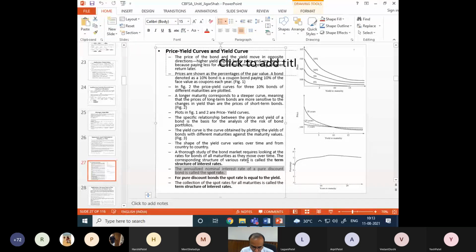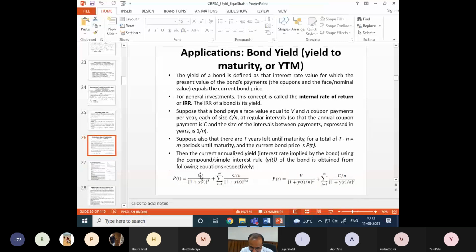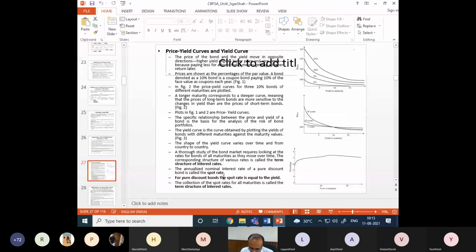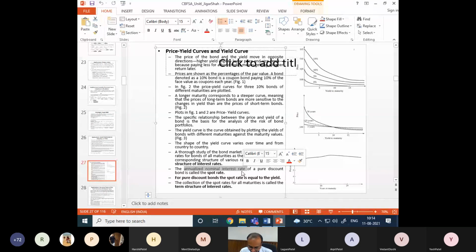While for coupon bond, we have to go to the formula that we have seen in the last lecture. Okay. So for pure discount bond, we can use this spot rate, which is annualized interest rate or annualized nominal interest rate that we can calculate from the term interest rate, right? We have the final value and initial value available, and from that we can calculate this annualized interest rate, and that is called a spot rate.